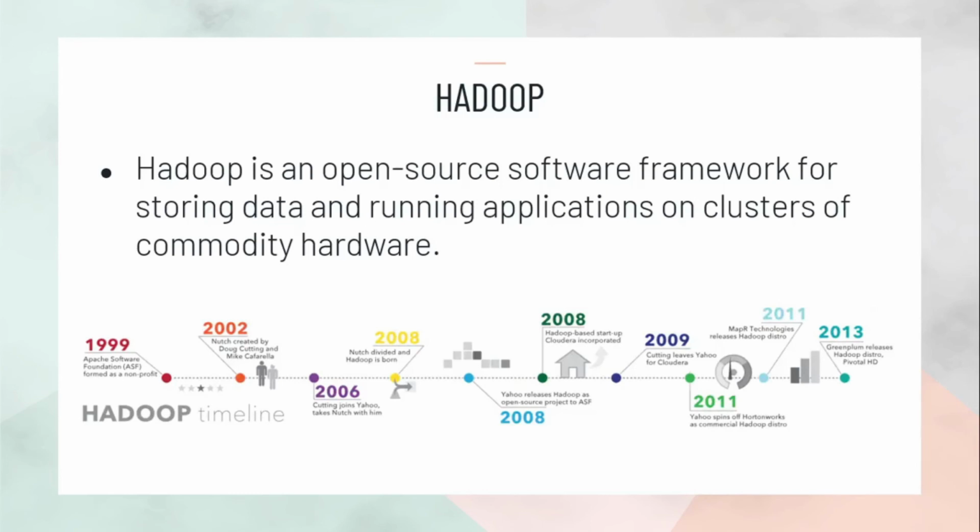Hadoop. It is an open source software framework for storing data and running applications on clusters of commodity hardware. Hadoop provides massive storage for any kind of data, enormous processing power, and the ability to handle virtually limitless concurrent tasks or jobs.